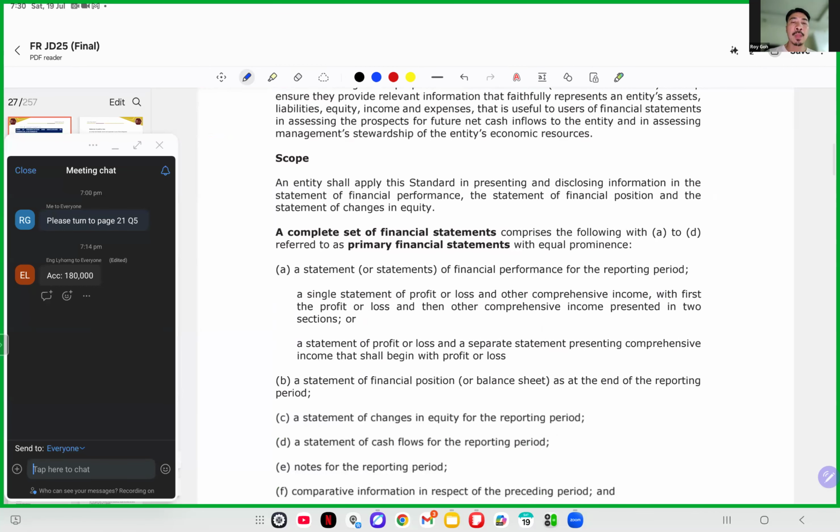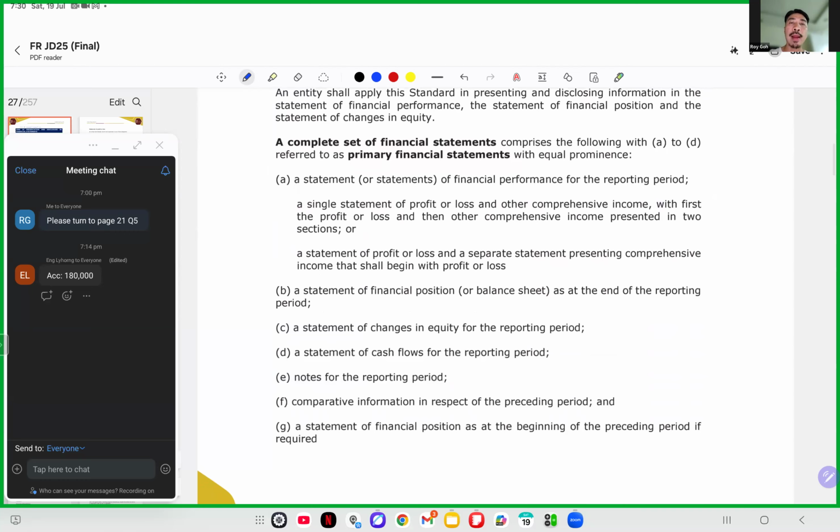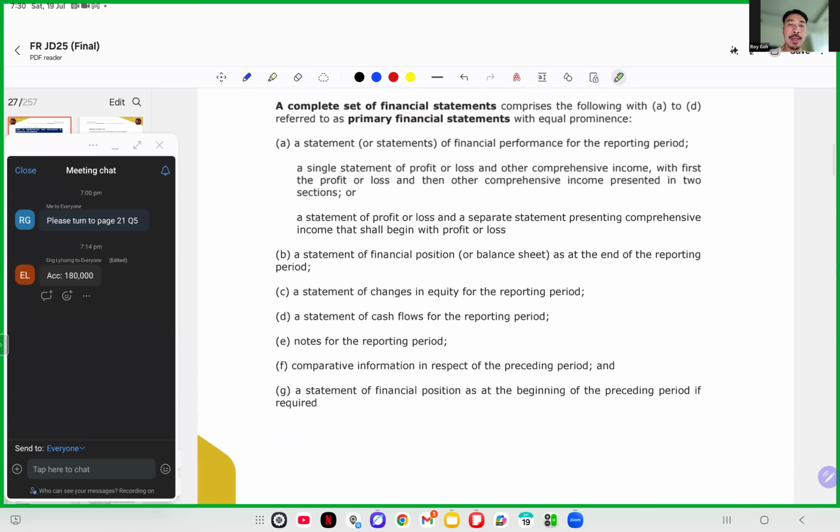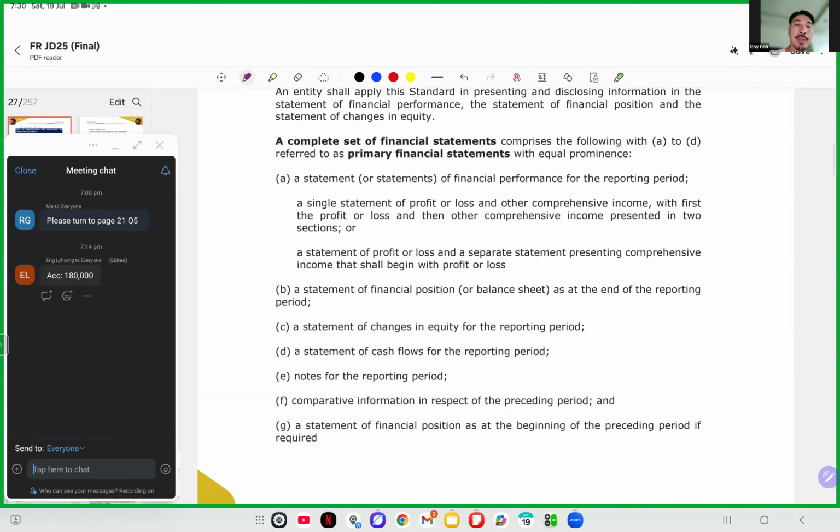So let's come back here. A full set of financial statements. I'm on page number 24. Ready? Good. When we write FS, FS stands for financial statements. They now include, point A, your SOPL and the other comprehensive income.